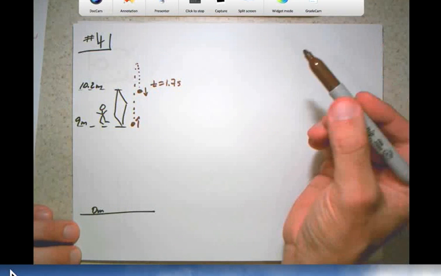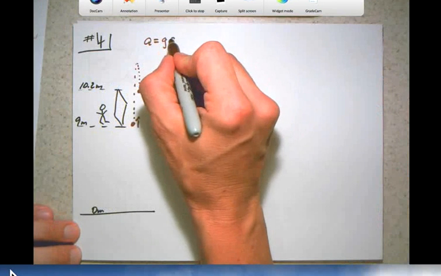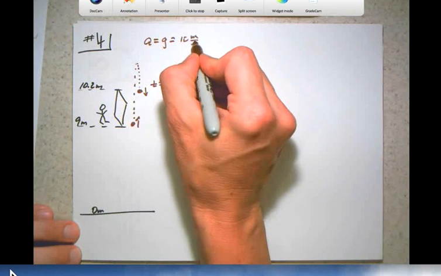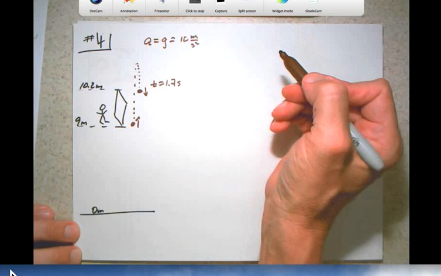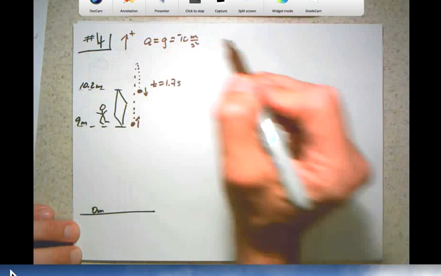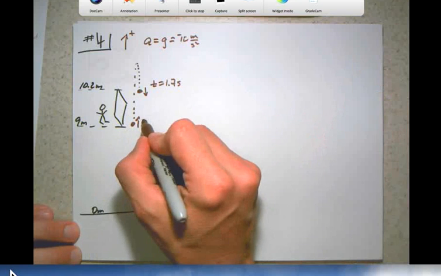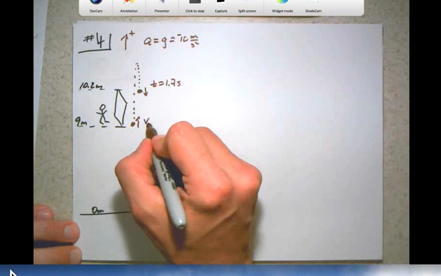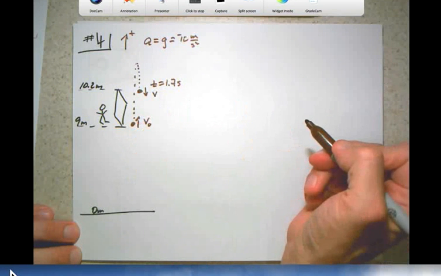And through the whole thing, we know that the acceleration is g, which is 10 meters per second squared downward. So we need to decide which direction is plus. So let's let up be plus, so that makes this negative 10. And then this is some initial velocity, which would be positive, and this is some velocity later, which is negative.